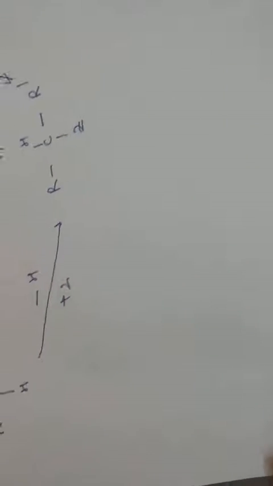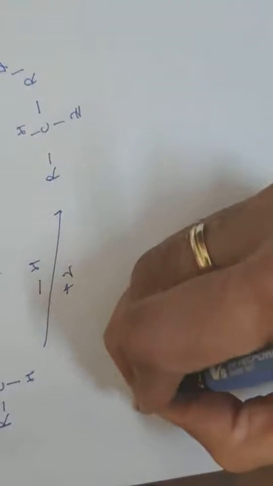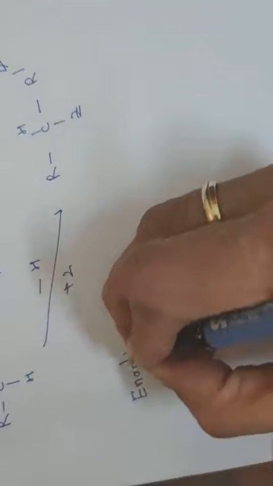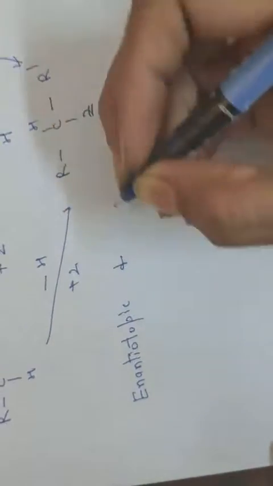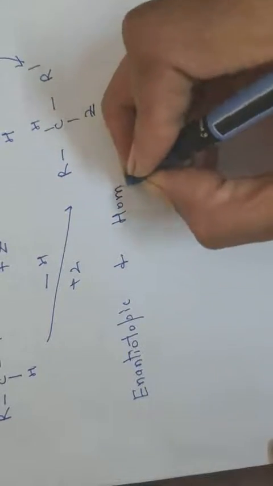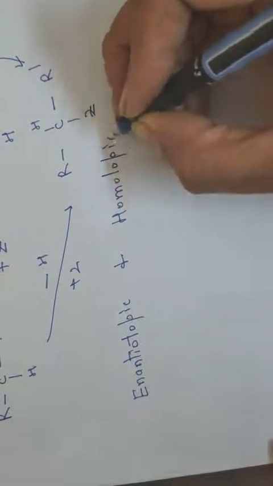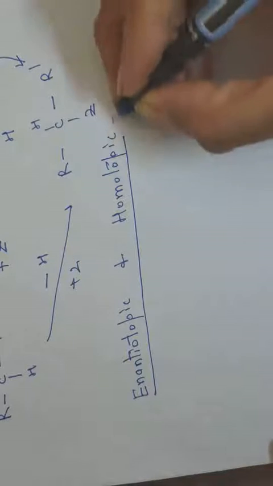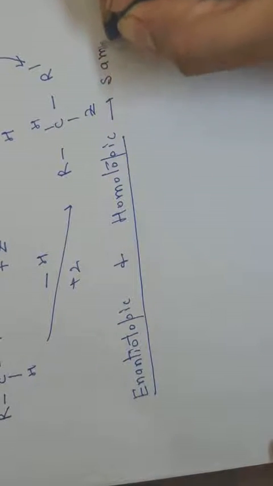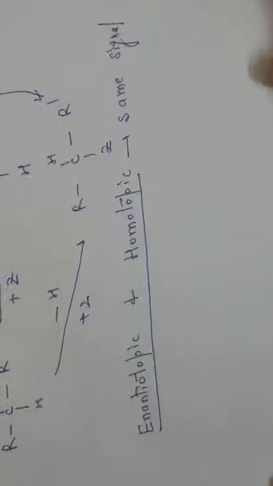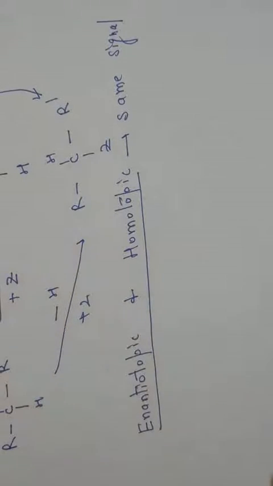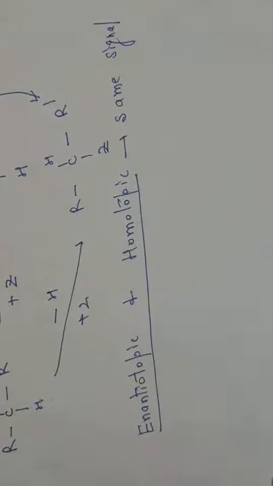Remember one thing more, that enantiotopic as well as homotopic protons give the same signal in the NMR spectrum. These are not different from each other, so these will give only one signal in the NMR spectrum.